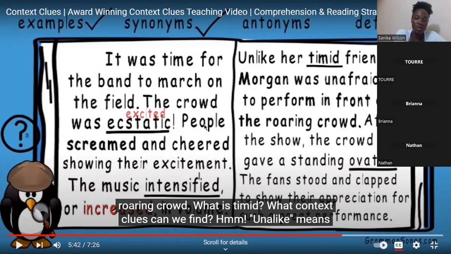So now we're focusing on that section of the paragraph. Which context clue was used and why did you say that? Which word from the passage alerts you that your answer is correct? So we are at, unlike her timid friend Morgan. Which context clue was used?